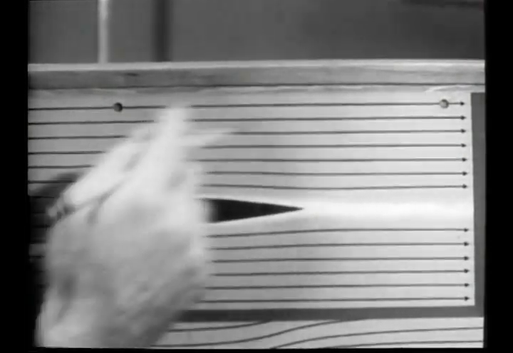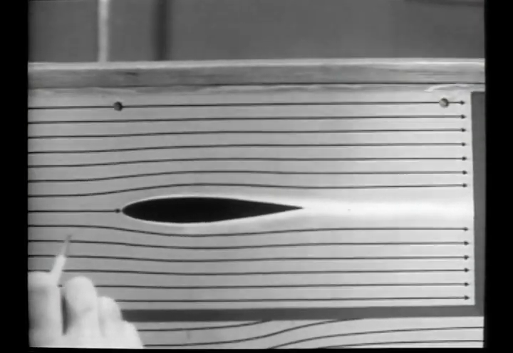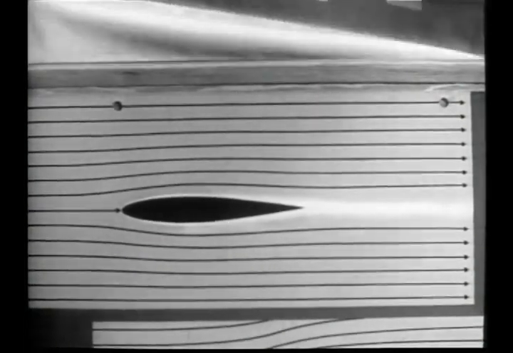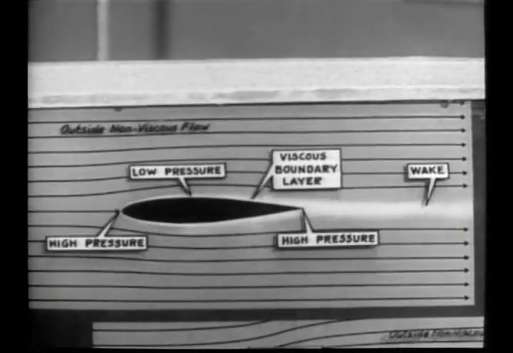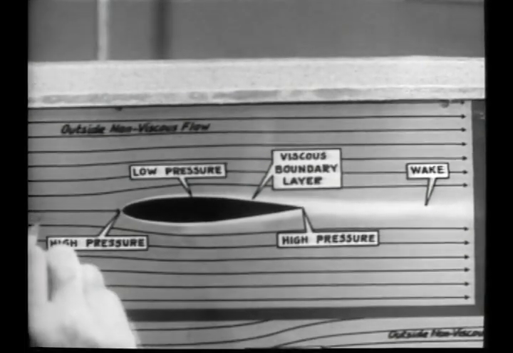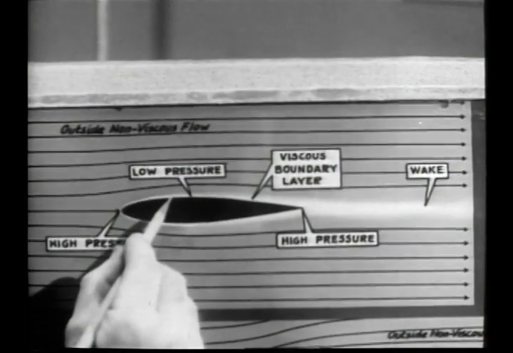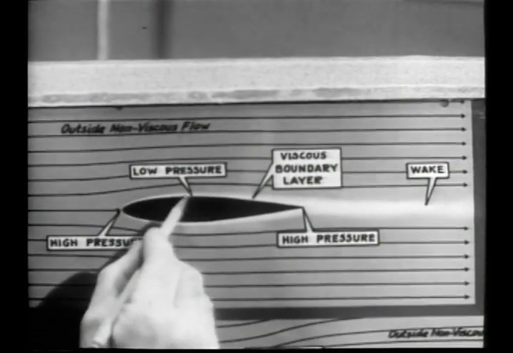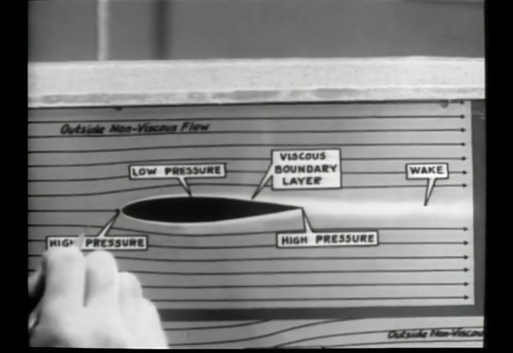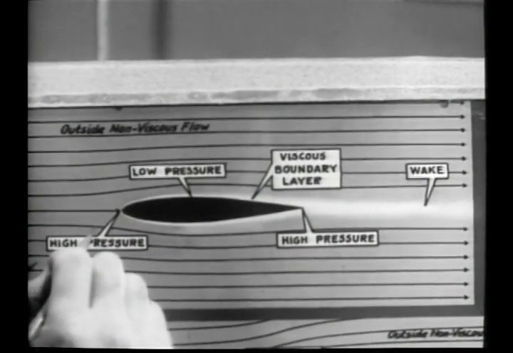The remainder of the flow behaves as before in a non-viscous way. The pressure distribution previously established by the main large body of non-viscous flow is, as it were, impressed on the very thin boundary layer of fluid.